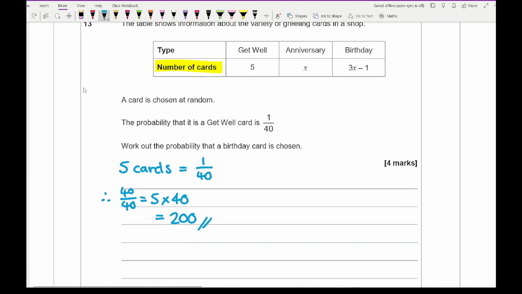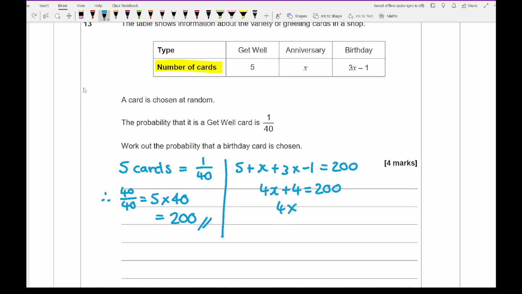Now, if we know that there are 200 cards altogether, then what I know is that 5 plus x plus 3x minus 1 equals 200. So then if I simplify all of that, I get 4x, and it's going to be minus 4 plus 4 equals 200.